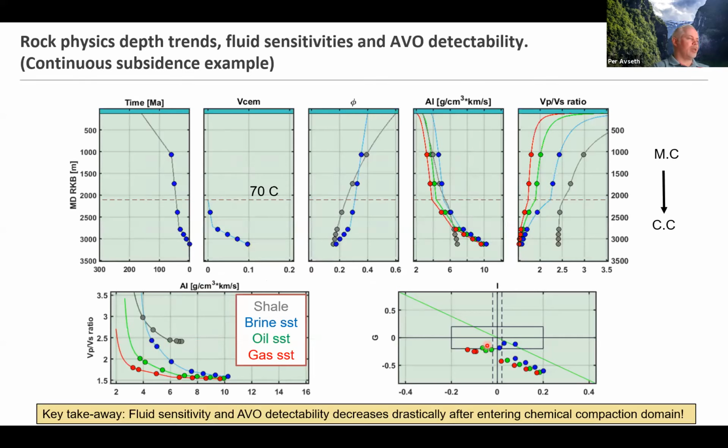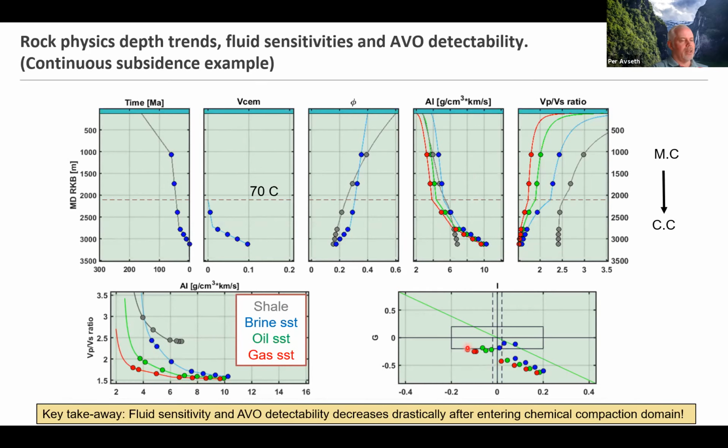This is another example showing pretty much exactly the same, but in this case I'm showing a continuous subsidence, so there's no uplift. I'm plotting discrete samples through the burial to see how the different properties change with the burial. You see, for example, acoustic impedance is picking up when you get below 70 degrees, and the VPVS ratios are dropping, and the fluid sensitivities in the rock physics template in the lower left are reducing.